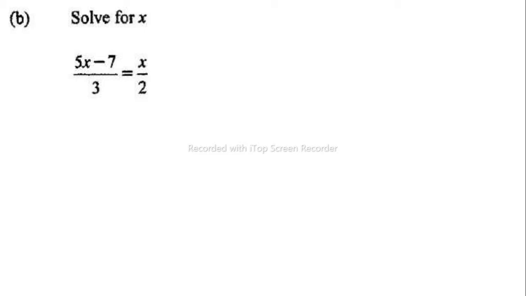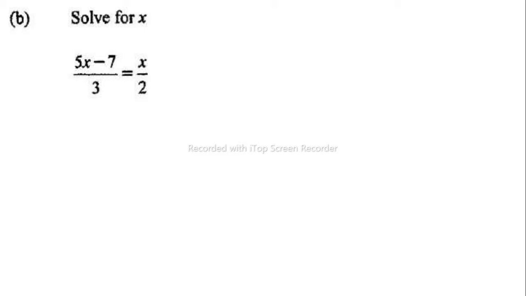I mean, finding x is what we're trying to do in general, but what's the first step? We have two fractions, two ratios. What do we do? Let me give y'all some time to think. Think about it. Cross multiply.